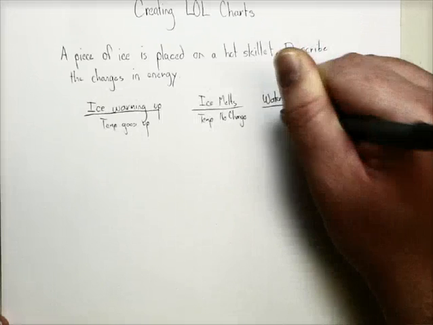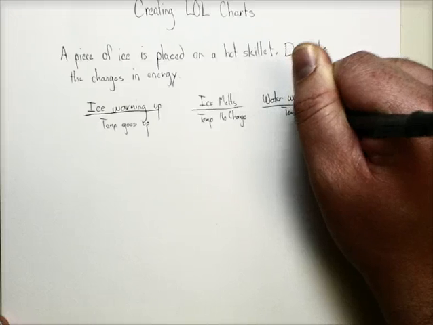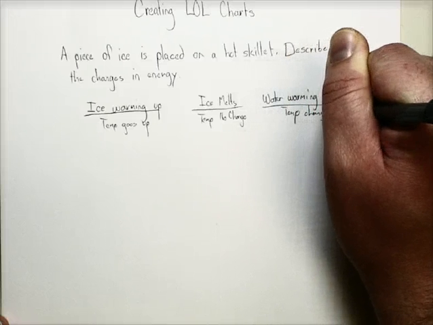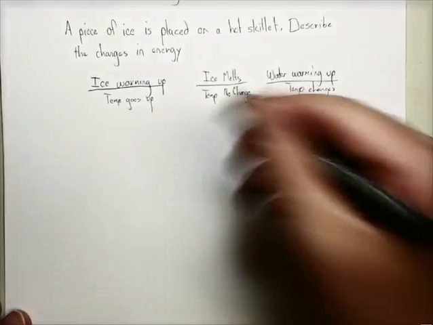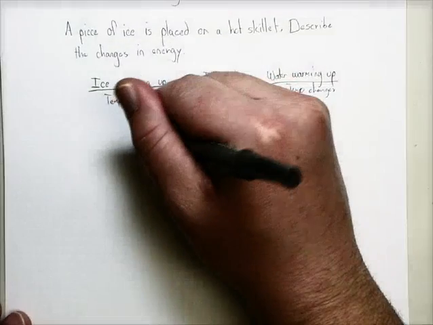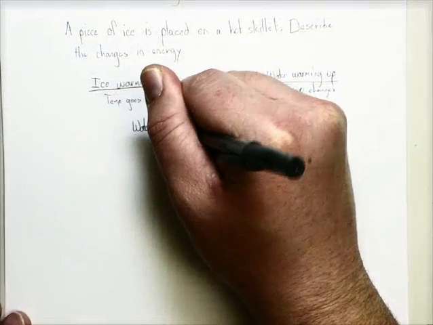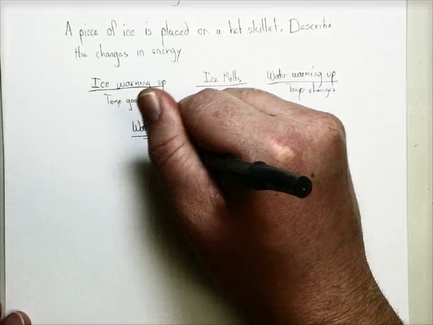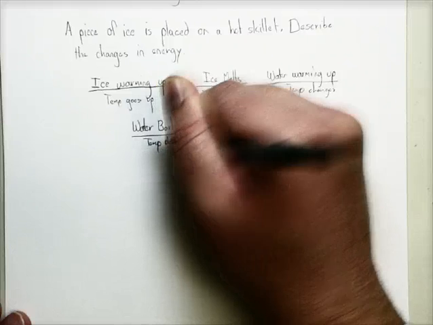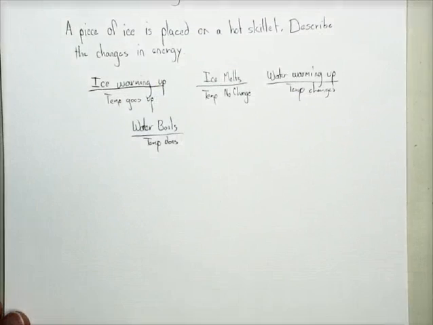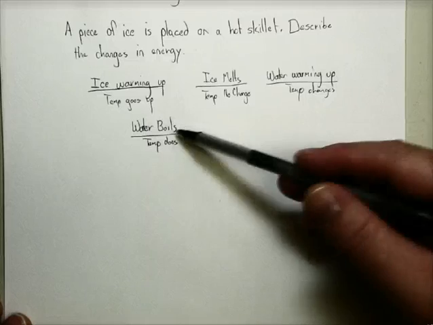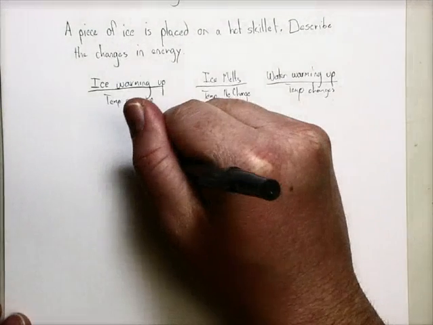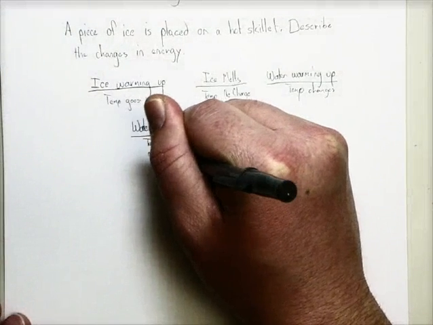And here the temperature does change. And then after that, we're going to have the situation where the water boils if we leave it on long enough. So the water boils, and in this case, temp does not change. And this goes back to what you just read about phase changes, the fact that during a phase change, during melting or boiling, there is no change in temperature.